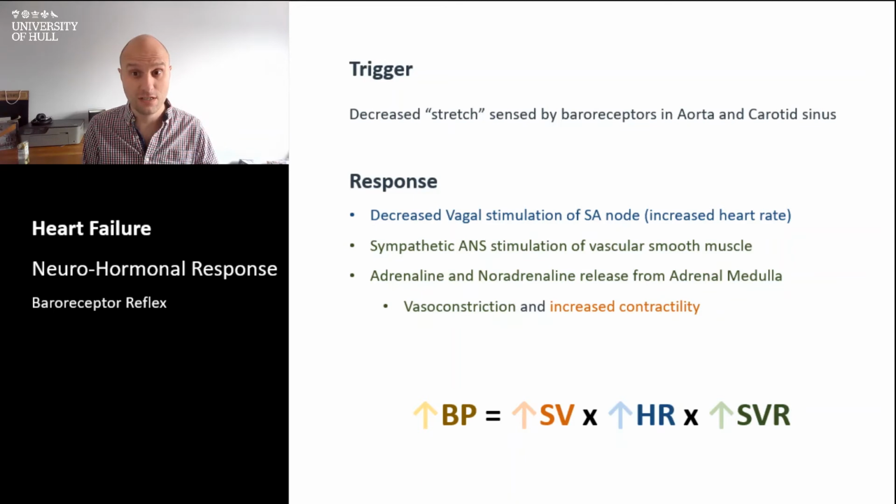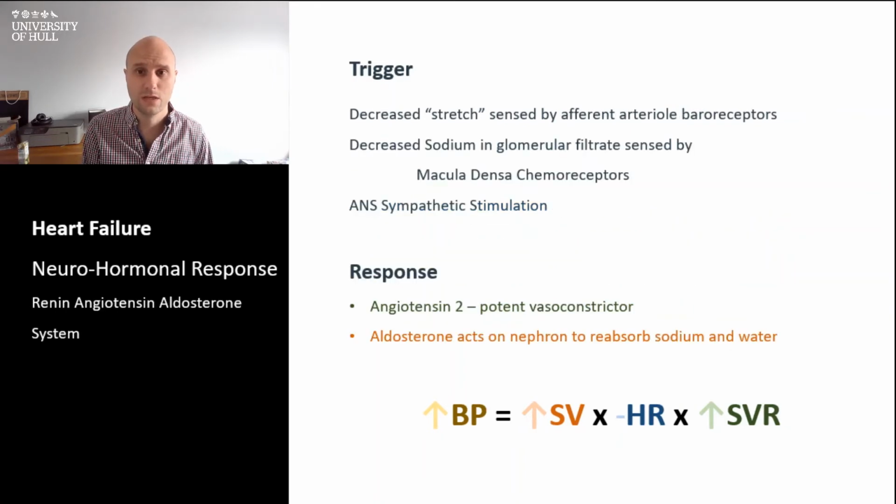all of which will improve the systemic vascular resistance, or increase the systemic vascular resistance, and in doing so will also improve preload. It squeezes blood away from the peripheries and the capacitance vessels.